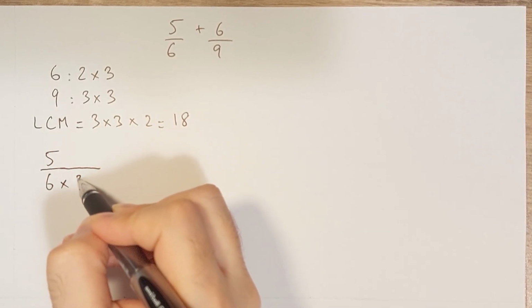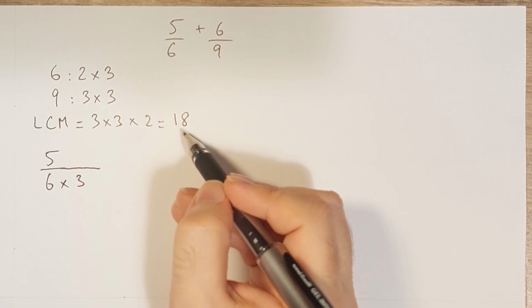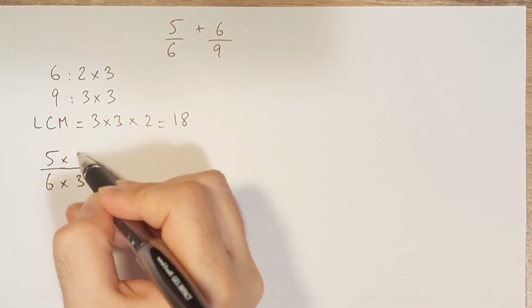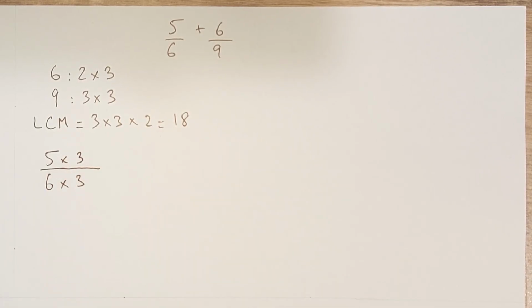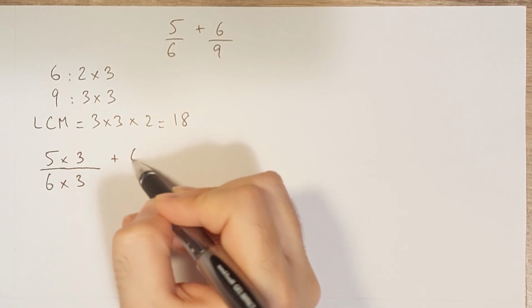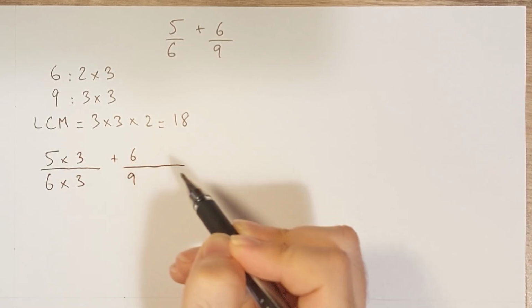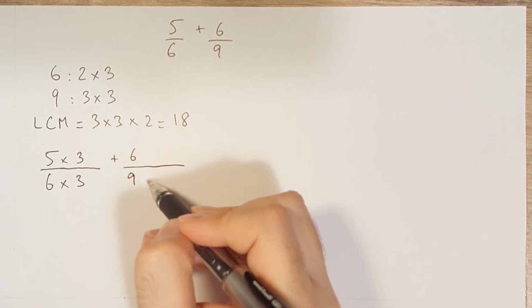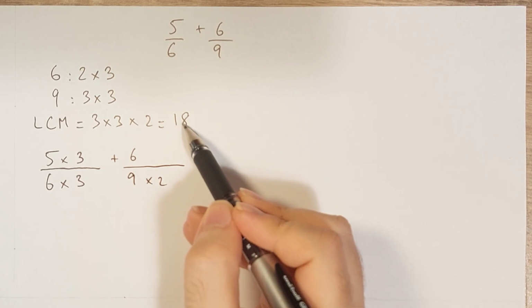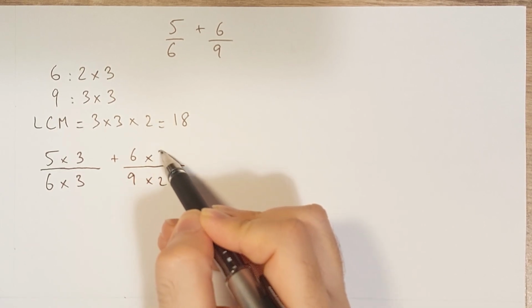We have to multiply 6 by 3 to get 18, and we do the same with 5. Then we have 6 by 9. We have to multiply 9 by 2 to get 18, and we do the same with the numerator.